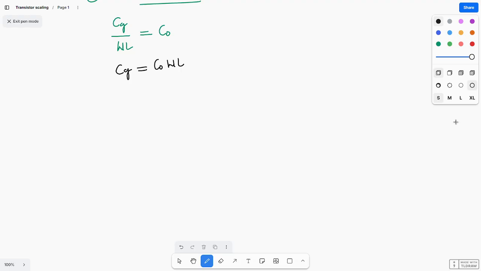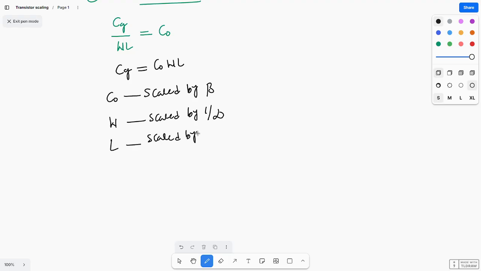You know that C naught is scaled by beta, W is scaled by 1 by alpha, and L is scaled by 1 by alpha. Now CG dash: if you substitute, it is C naught into beta, W by alpha, and L by alpha.